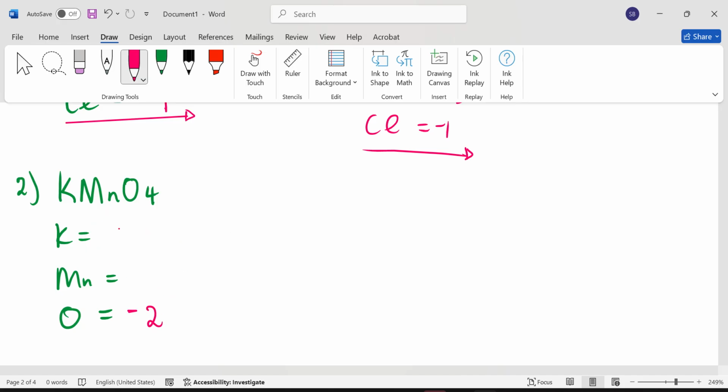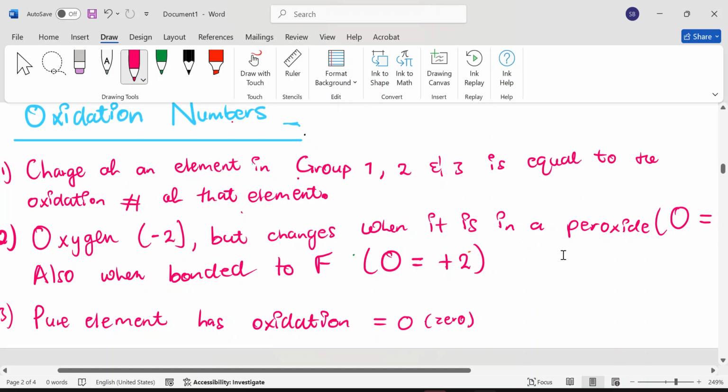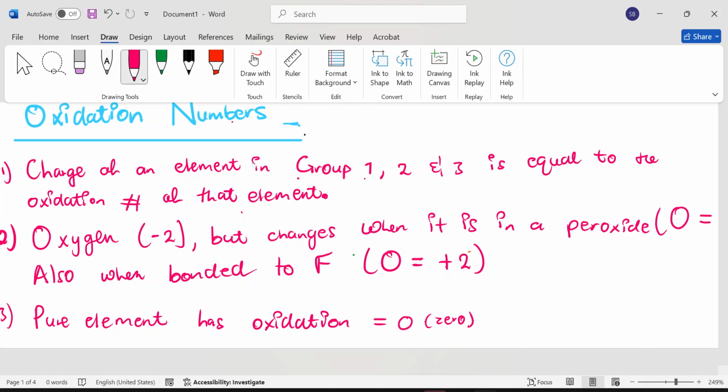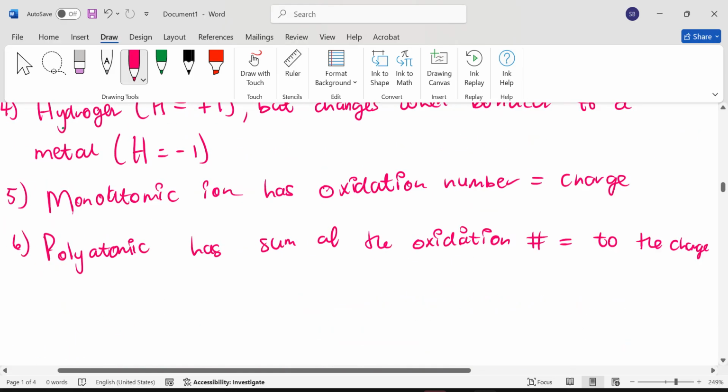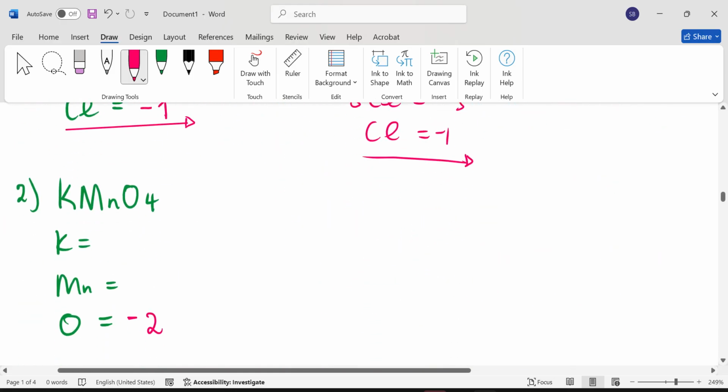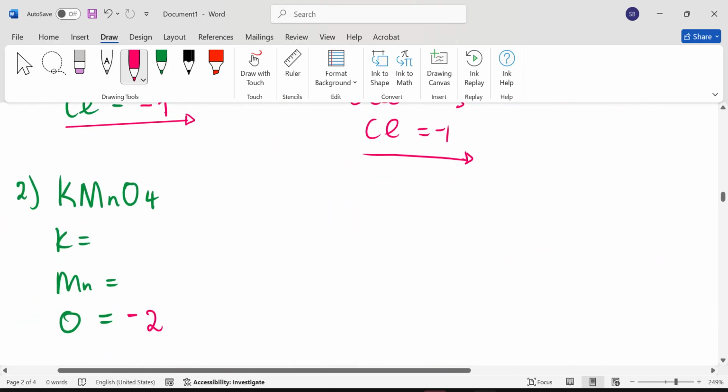And for potassium, because it's a group 1 metal, remember the rules, for as long as it's a metal in group 1, then that charge is equal to the oxidation number. So the charge of potassium is +1, thus the oxidation number is +1.